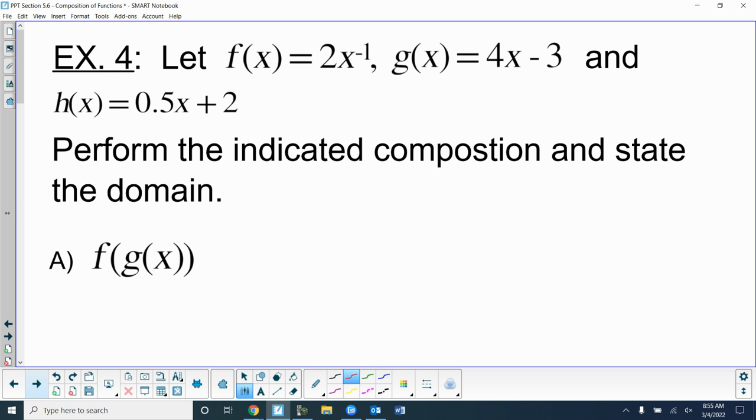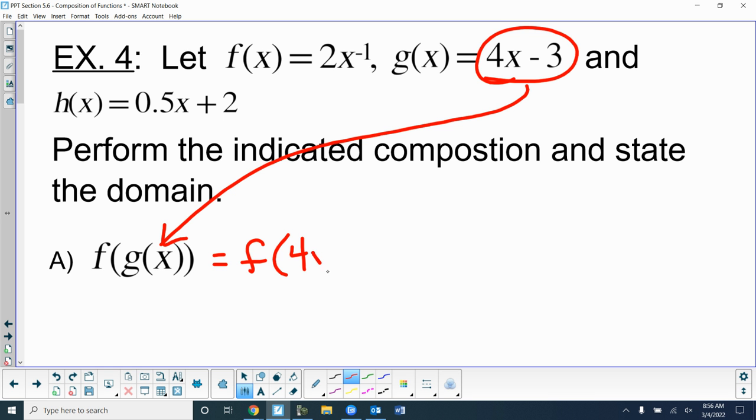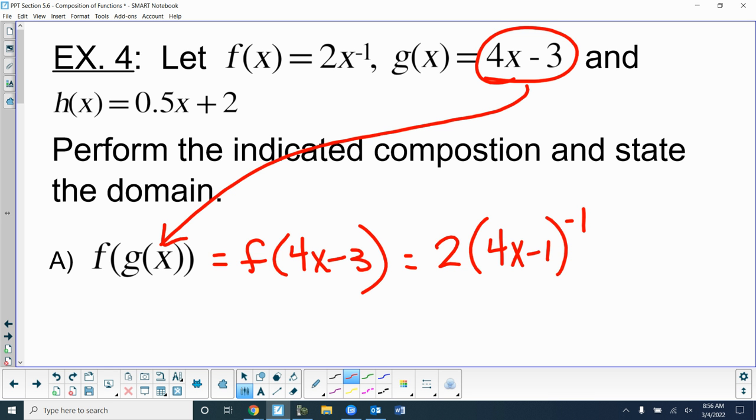I think you guys got this. All right? So g goes there, right? So this problem is f of 4x minus 3. You with me? And then f is 2, 4x minus 3, oops, not 1, but 3, to the negative 1, right?